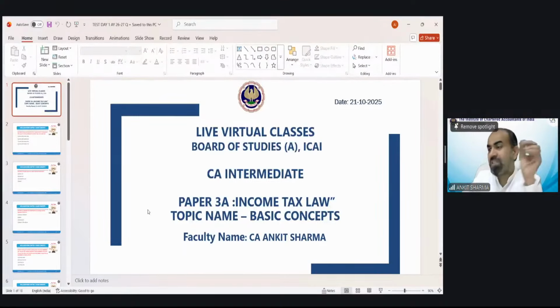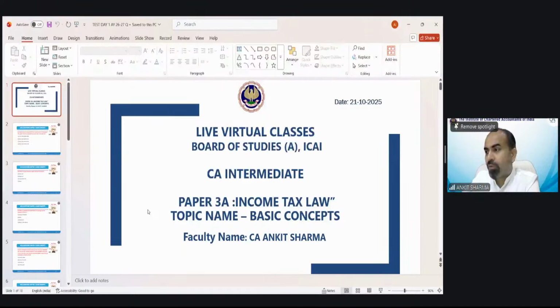So if HUF is a resident, then for the purpose of Karta, those two conditions need to be fulfilled only: more than 730 days and 2 years or more resident. Only two conditions you have to fulfill. There is nothing to do with the third condition of 120 days. Okay.